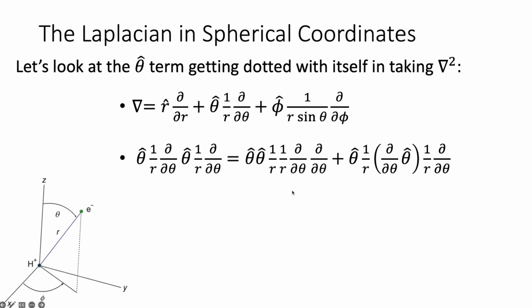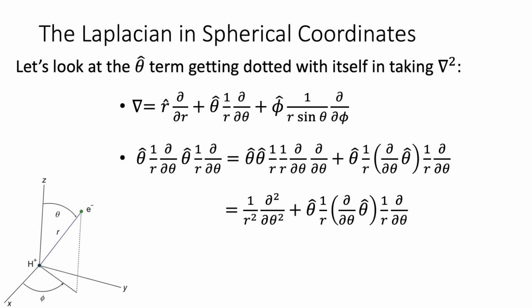And the next one is a little more complicated, because we've got θ hat, 1 over r, and now we're taking the derivative with respect to theta of θ hat. And then the rest of it, we're just multiplying by the other piece. We're leaving the other part alone, basically the 1 over r d/dθ. That's being left alone in that term. Again, this is just applying the product rule for derivatives.